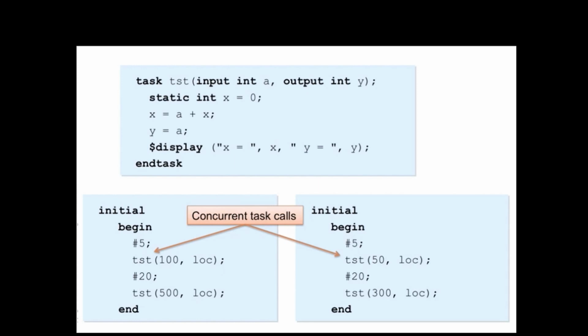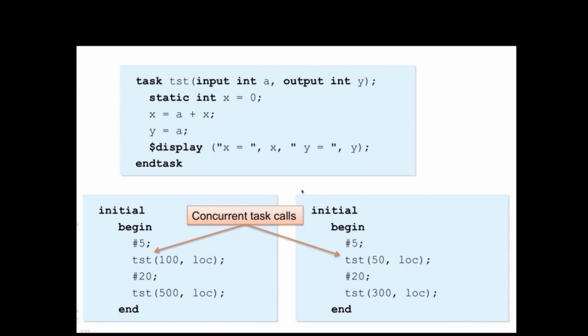That's really tool dependent. The point is that these two tasks are actually called at time 5, but we don't know the order. Then we wait 20 and we'll call them again. So this is an example of calling the same task from multiple processes, since an initial block is a process. And then we'll watch the variable actually get shared between these when they're static, and differently when they're automatic.